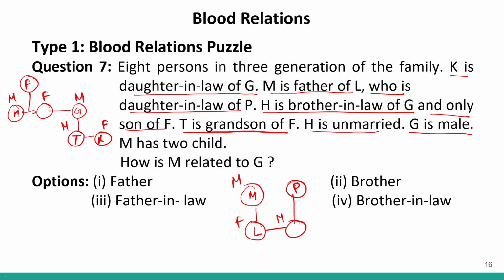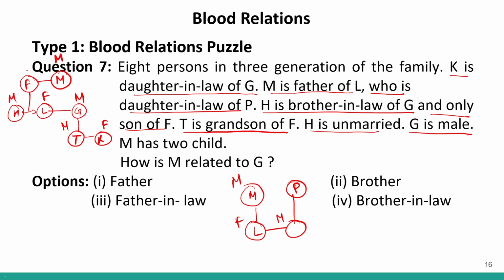So now if I look over here, can we merge these two diagrams? If I put L to be female and this person is male, correct? Now they have child T. Now L has a father M, over here, correct?